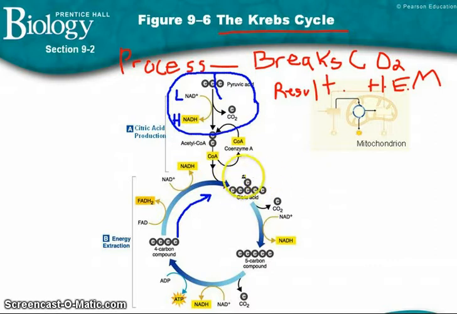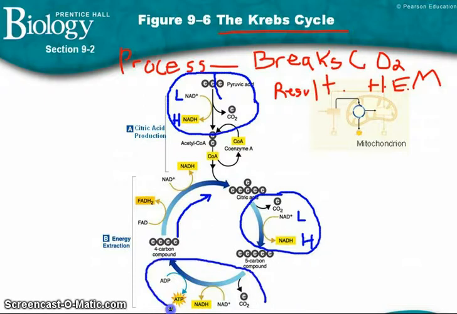Once I have this 6-carbon molecule, again, I break off 1 carbon dioxide. That results in this low energy molecule becoming a high energy molecule. And once again, splitting off a molecule of carbon dioxide, resulting in a low energy molecule becoming a high energy molecule. And we also have a little bit of production directly of ATP.